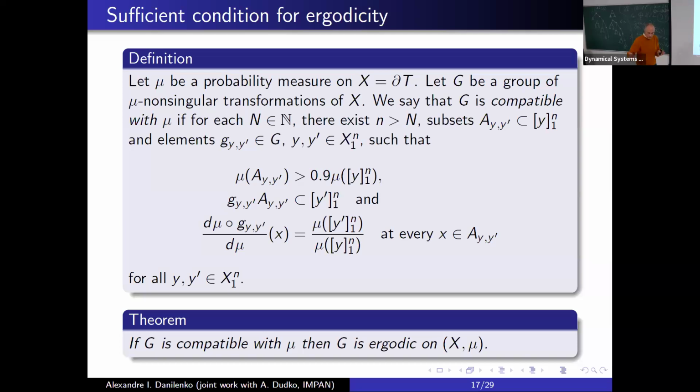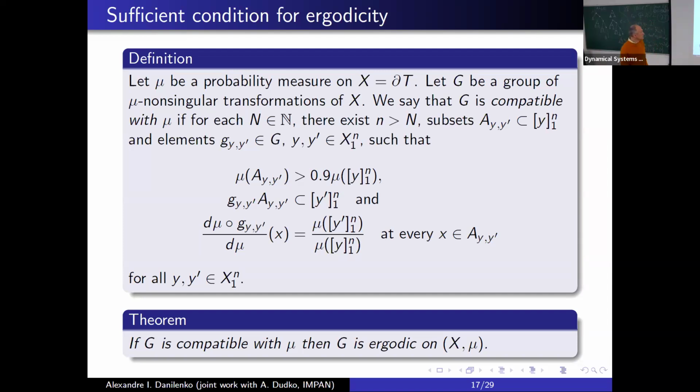The space is partitioned into finitely many pieces, and on every piece, the transformation g multiplies the measure by some constant. When we pass to another atom of this partition, then this constant may be different. But this holds not on the whole atom, but on a significant part of the atom, which is more than 90%. Just a comment.